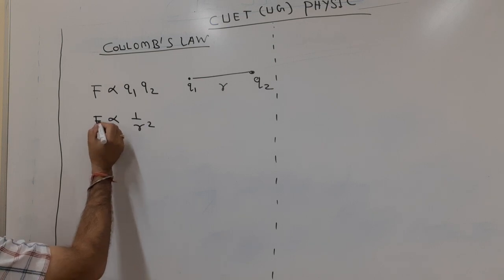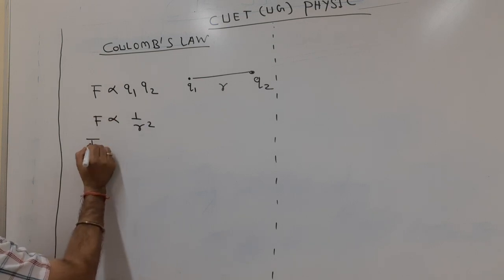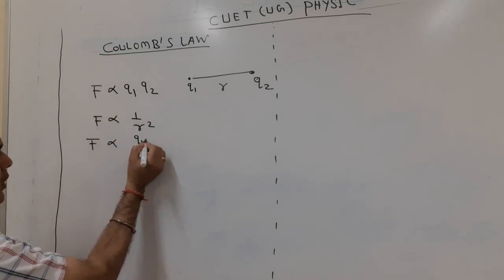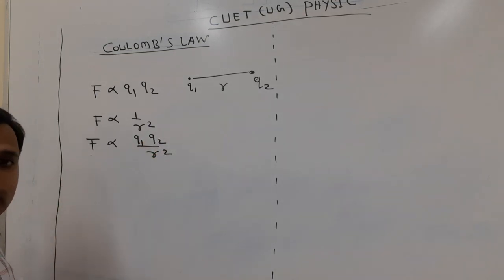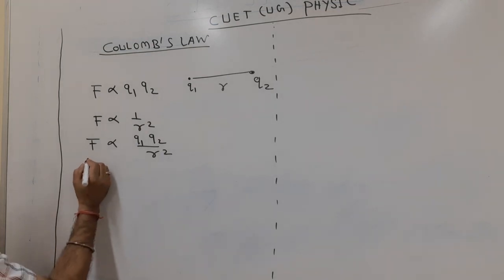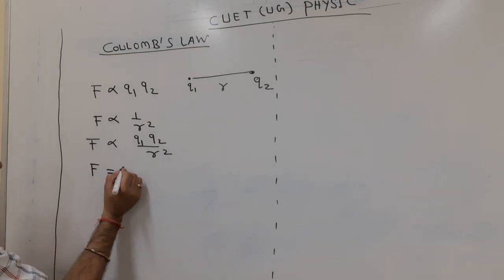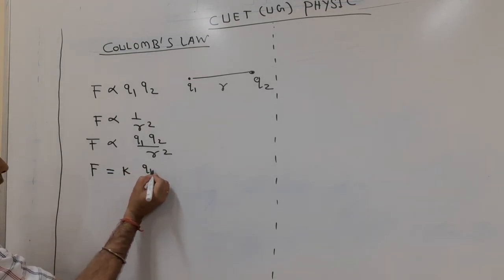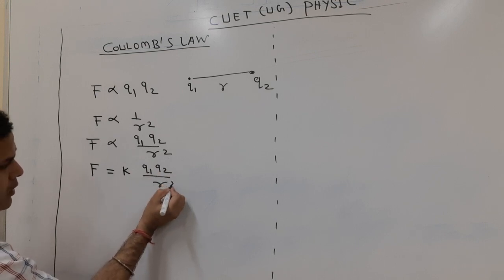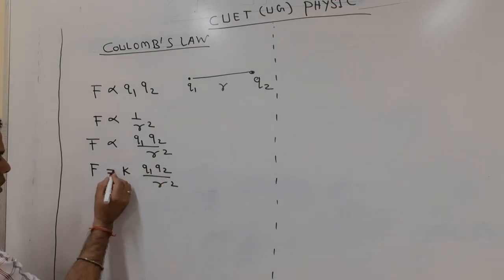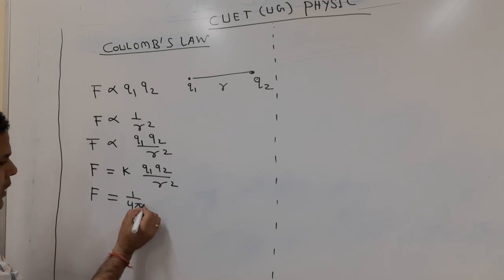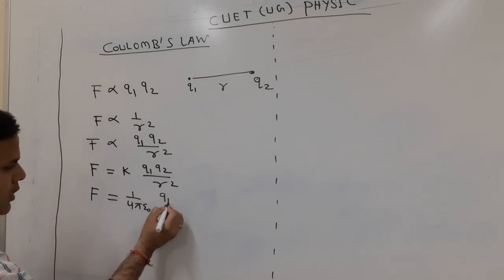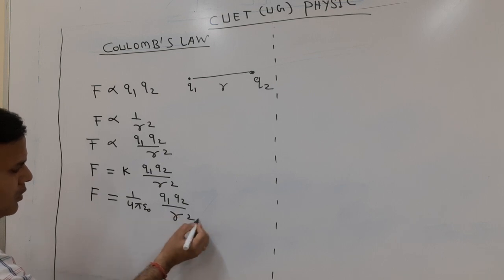If we combine, we have q1 q2 by r square, and if we replace the proportionality with a constant, we have F equal to k q1 q2 by r square, where the value of k is 1 upon 4 pi epsilon 0.